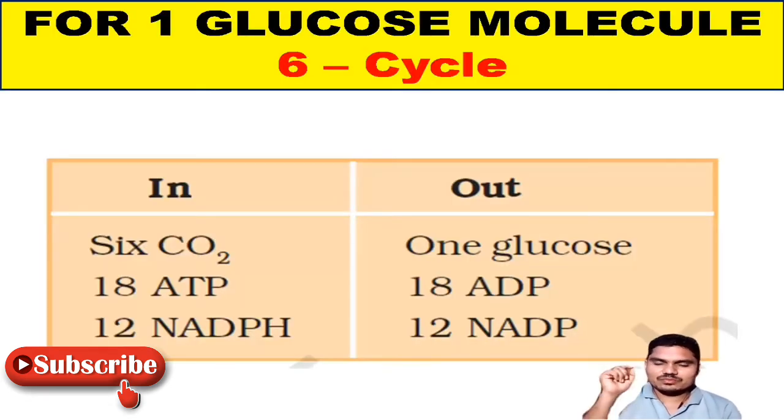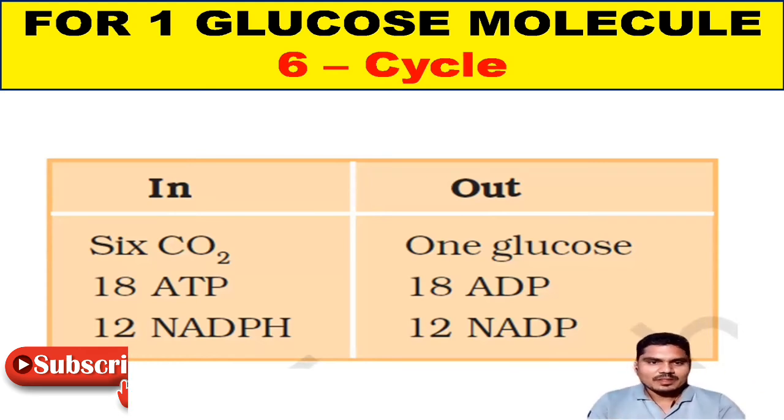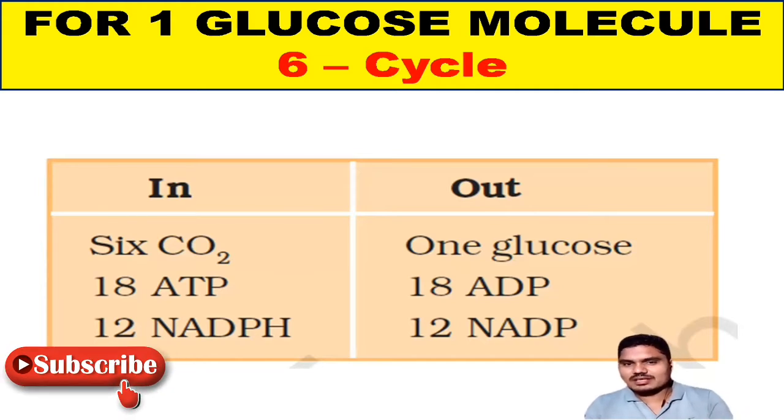Finally, for 1 glucose molecule, it needs 6 cycles: 6 CO2 molecules enter and 1 glucose molecule is removed, 18 ATP molecules enter and 18 ADP are removed, and 12 NADPH enter and 12 NADP are removed.